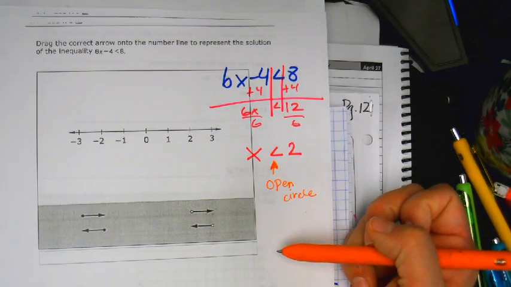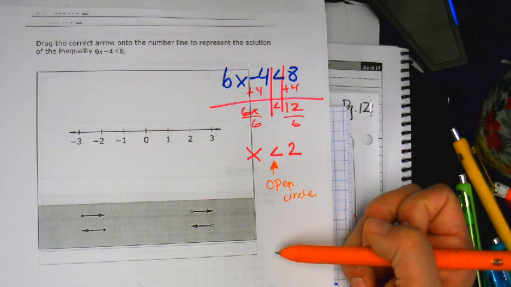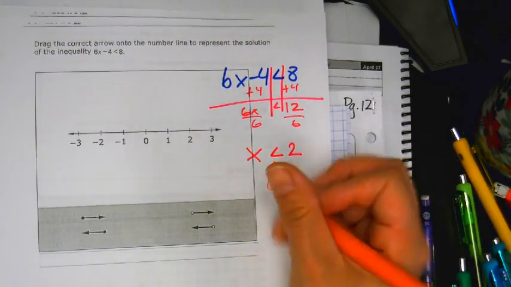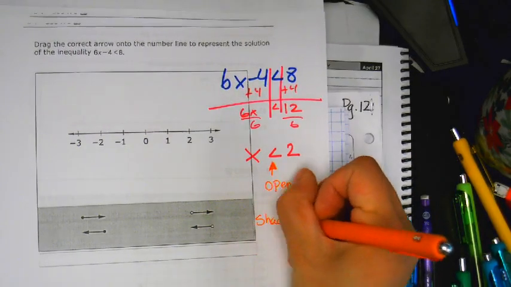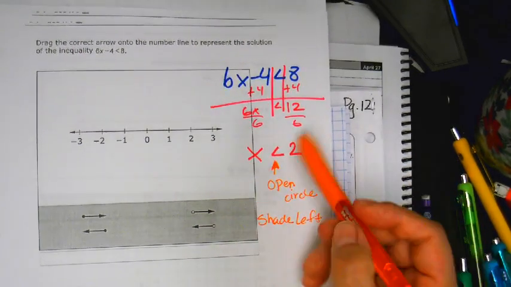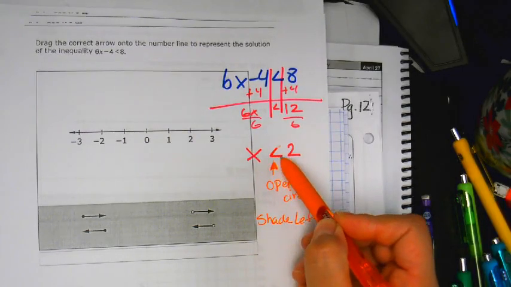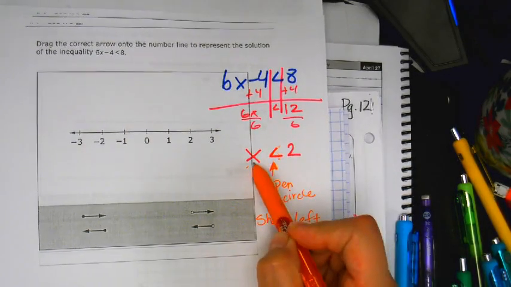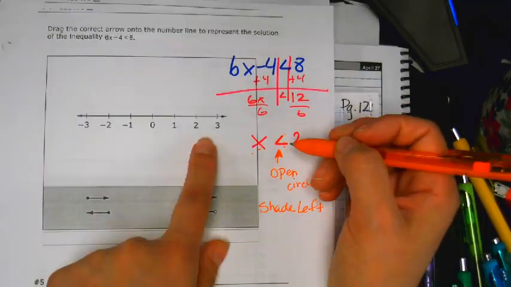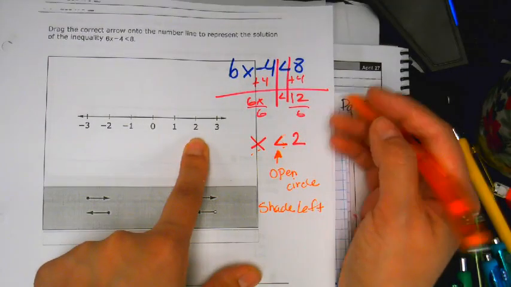Okay, which way do I graph? To the left or right? Shade left. Why? Because this points in the direction we're shading, right? Especially when x is here. So on the number 2, open or closed circle?